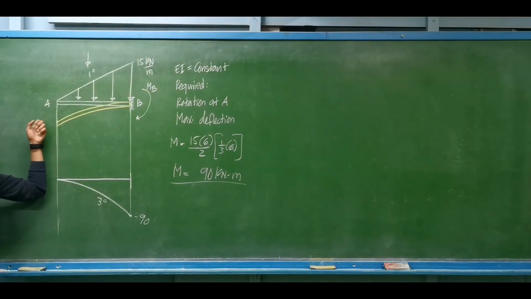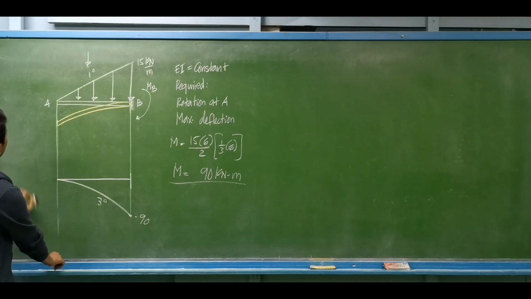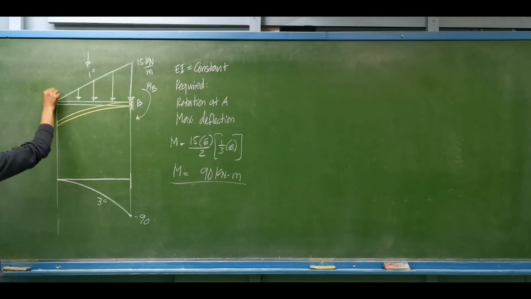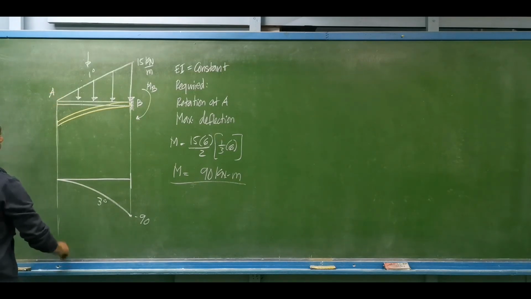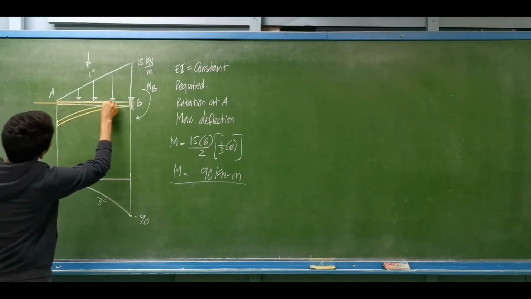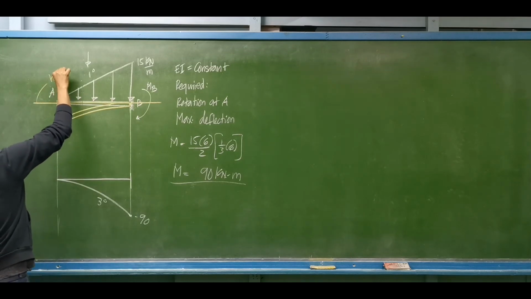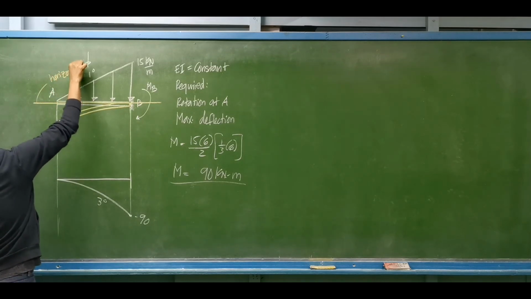Obviously, our maximum deflection will be at B. So we are to draw a tangent line at point B. And since that is a fixed support, the tangent line for a fixed support is assumed to be horizontal.